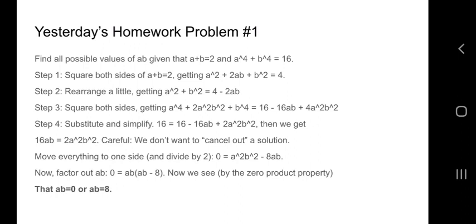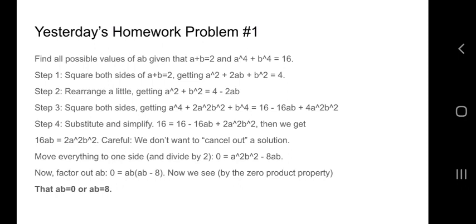So if you're going to square this equation again, you want the 2ab to be away from a squared and b squared. If it's 4 minus 2ab and you square that quantity, that's going to look a lot nicer. You're not going to get weird terms in there.